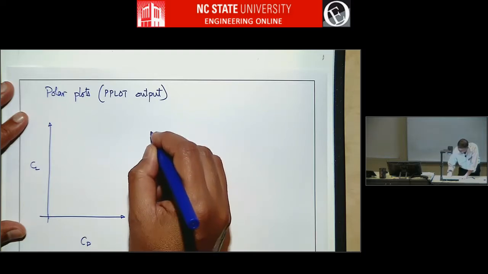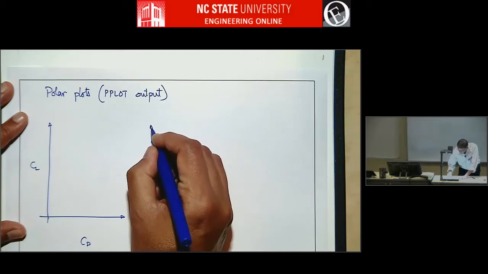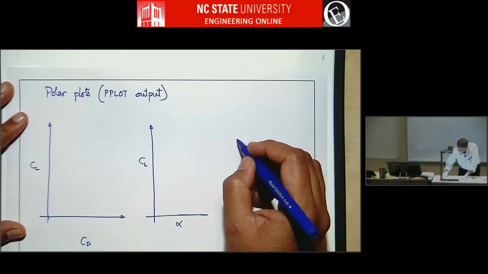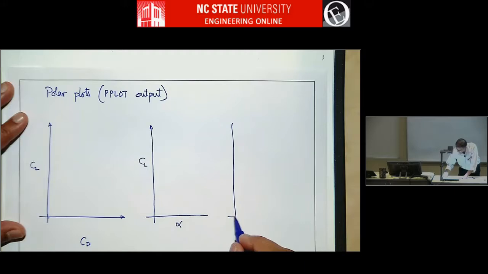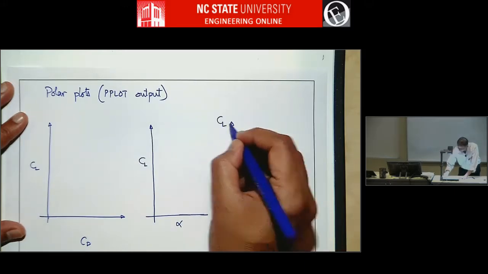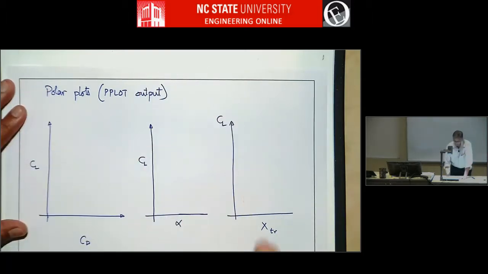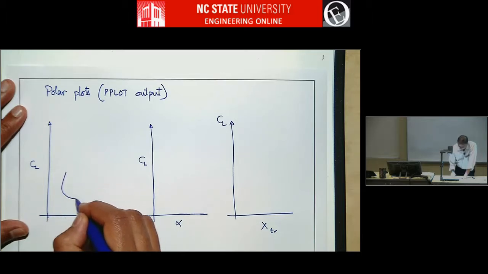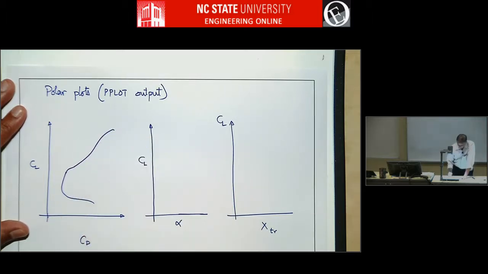And one of the middle plots is CL versus alpha. And the right-hand plot is X transition versus CL. Right, so the common axis in all this is the CL. And so this plot may look like this. Usually a good scale is from 0 to 0.03.